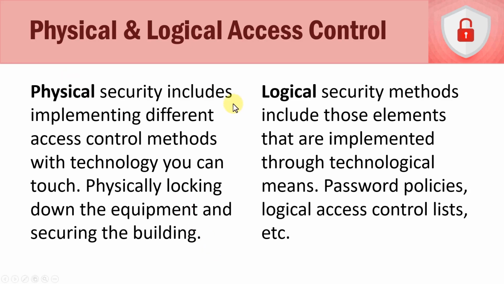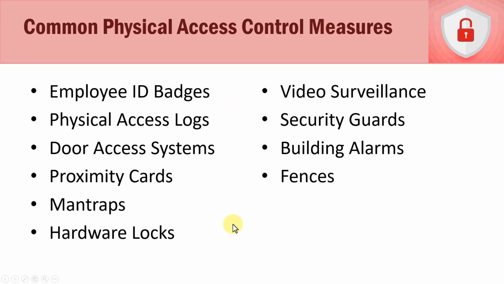Now let's talk about some example common physical access control measures. So again, this entire section is dedicated to physical access control and site security. So we're going to talk about a lot of these different things further as we go into the section, but I just wanted to list some of them off here. So employee ID badges, that's a really good one.